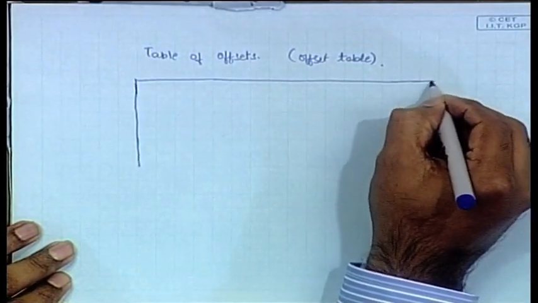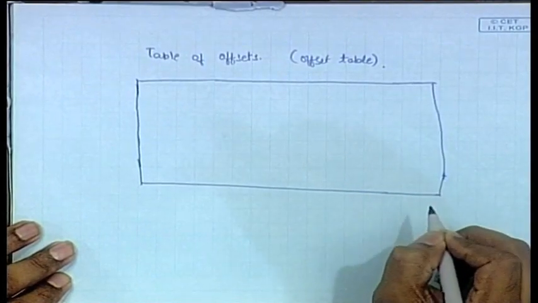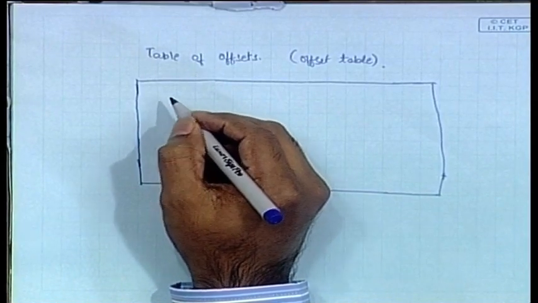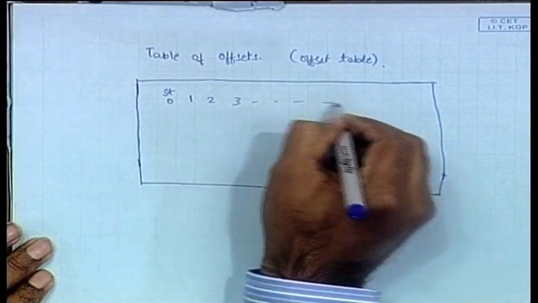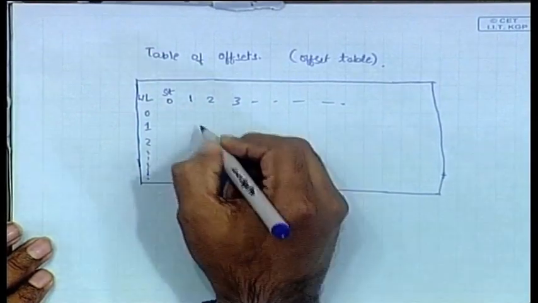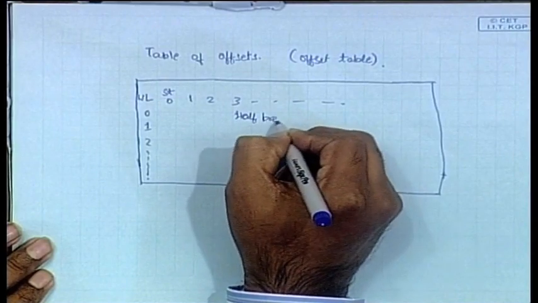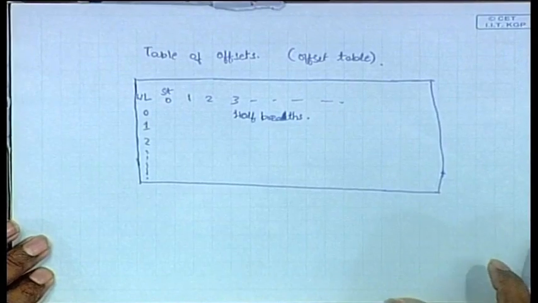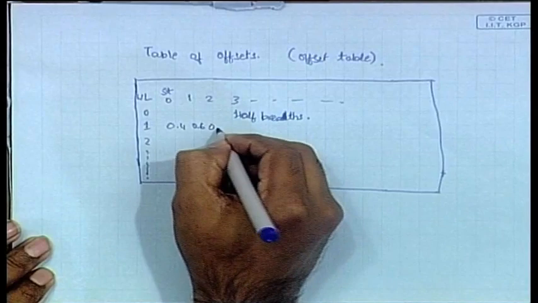So, this is there. So, let us say 0.4, 0.6, 0.8, like that.